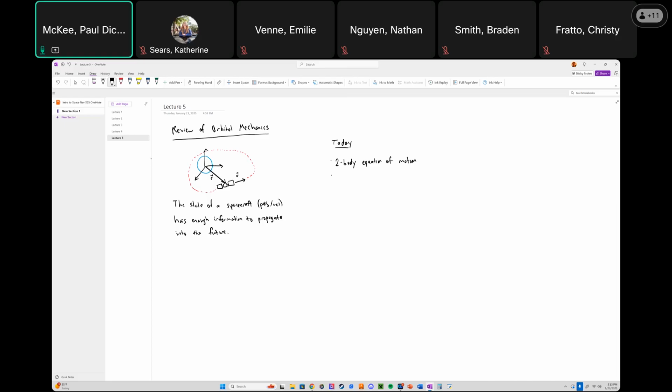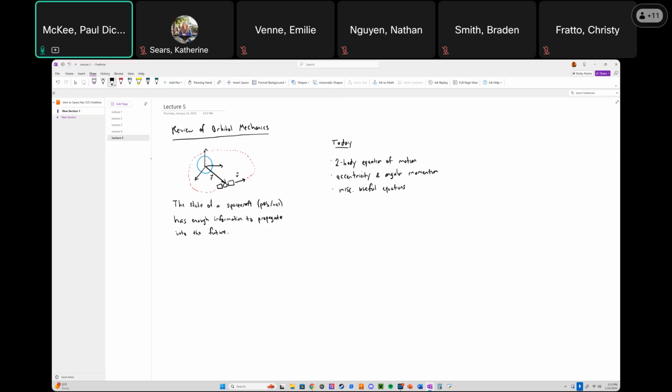Then we're going to go over a derivation of eccentricity and angular momentum. Then we're going to go over some miscellaneous useful equations that have to do with orbits.